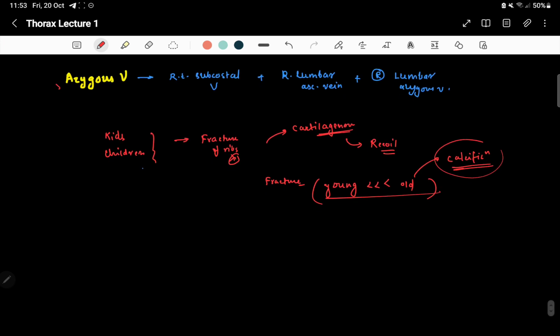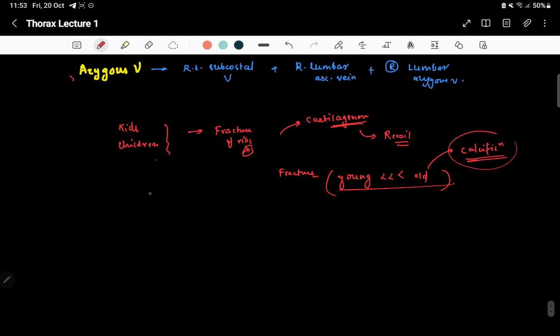Then in severe crushing injuries, we can have a chest which is known as your flail chest. So what is flail chest? Flail chest is when, in severe crushing injury, some ribs may break and form a separate segment of ribs, and this is called a flail segment.